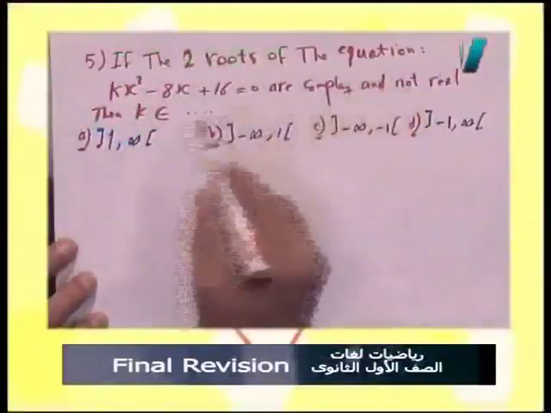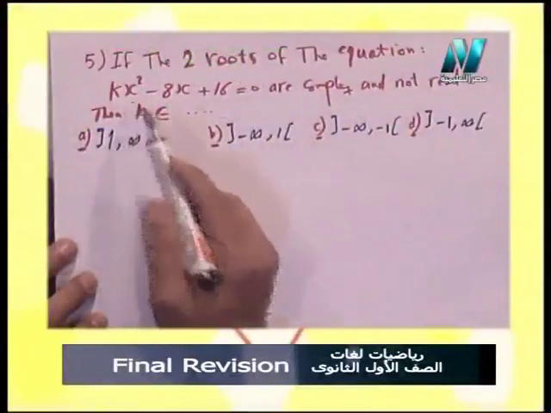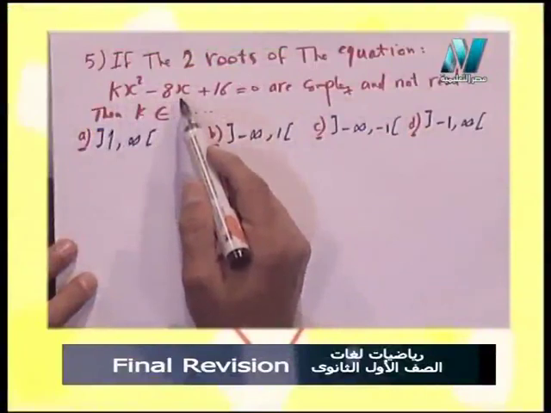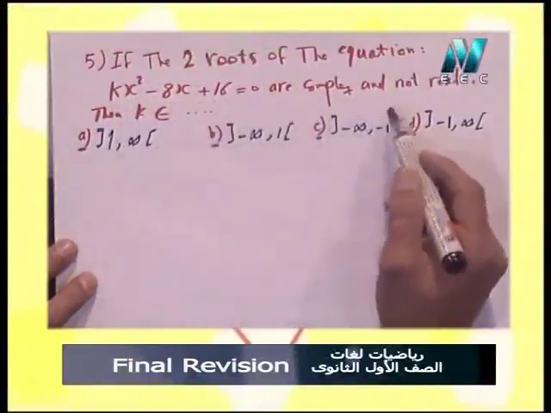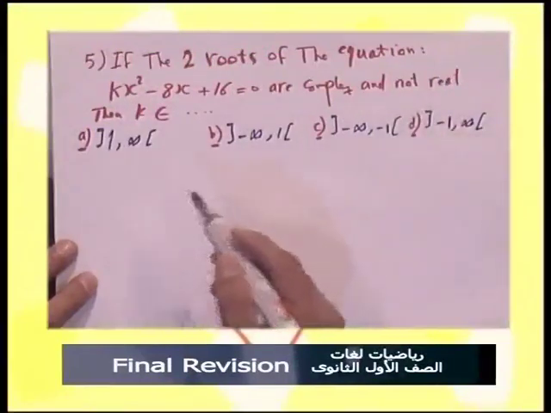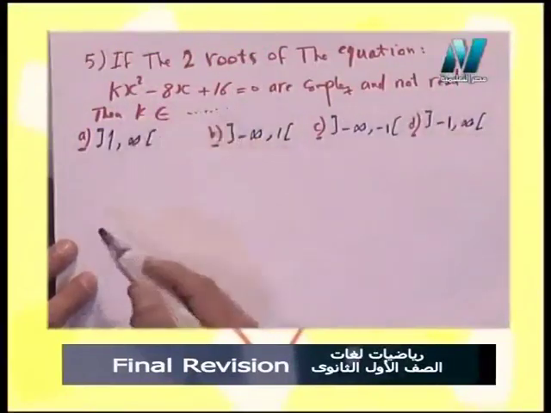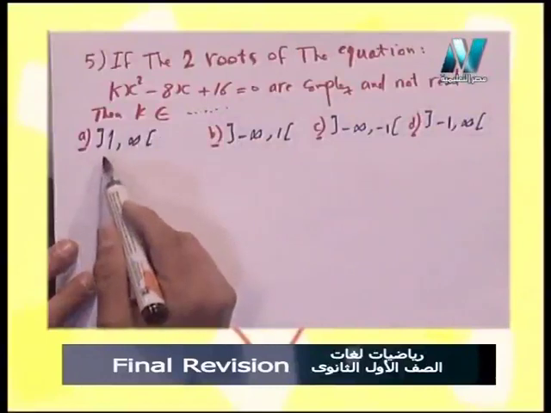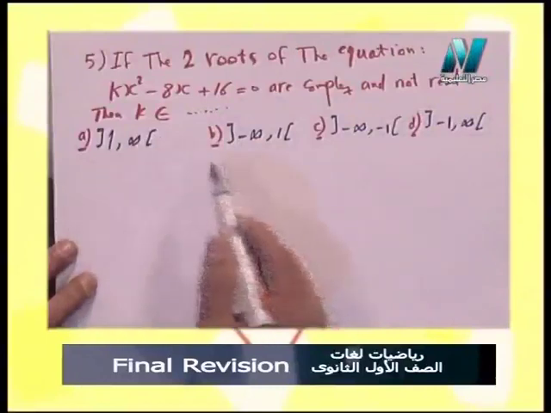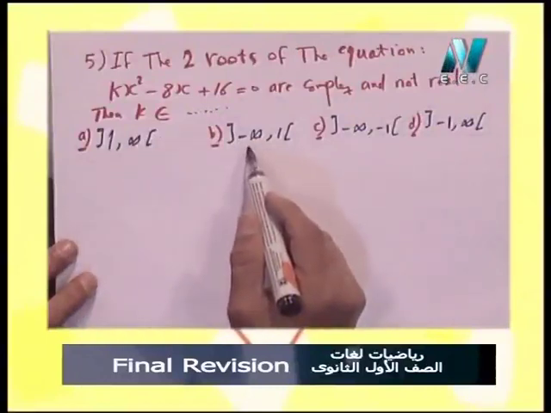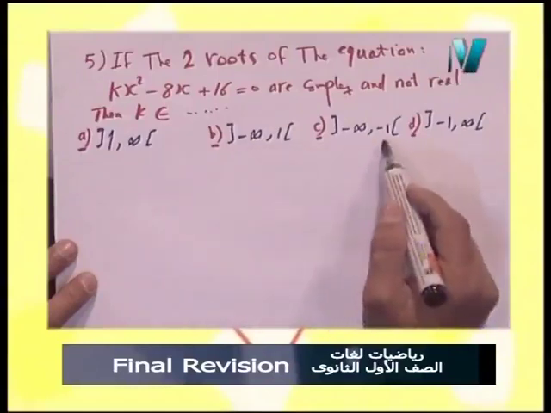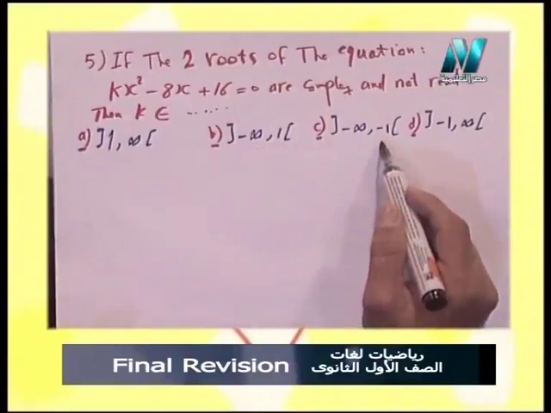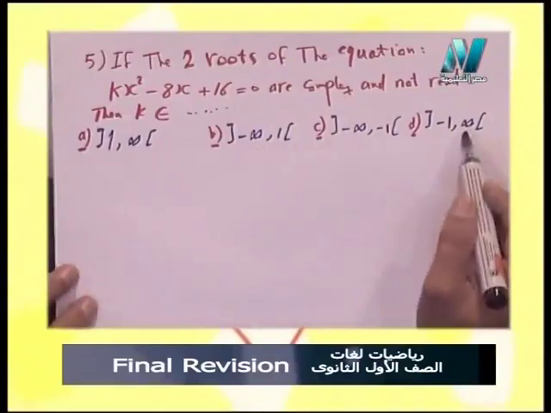So we have, if the two roots of the equation kx power 2 minus 8x plus 16 equals 0 are complex and not real, then k belongs to what? Is it open 1 and open infinity, the interval negative infinity open and 1 open, or negative 1 and infinity open, negative 1 open, or negative 1 open and infinity?